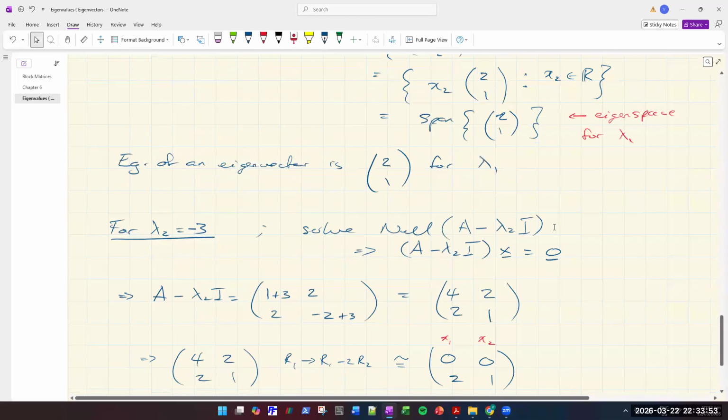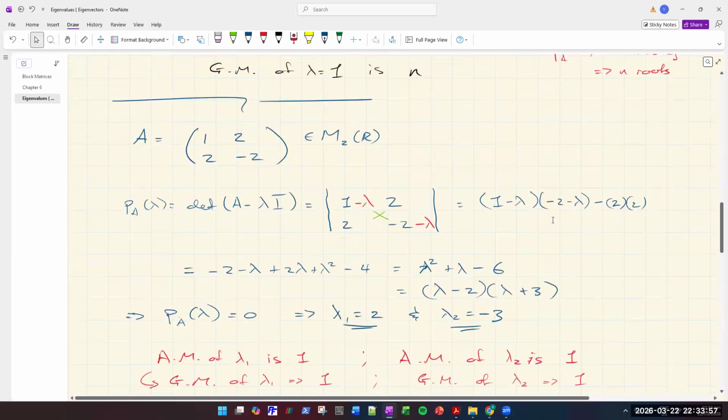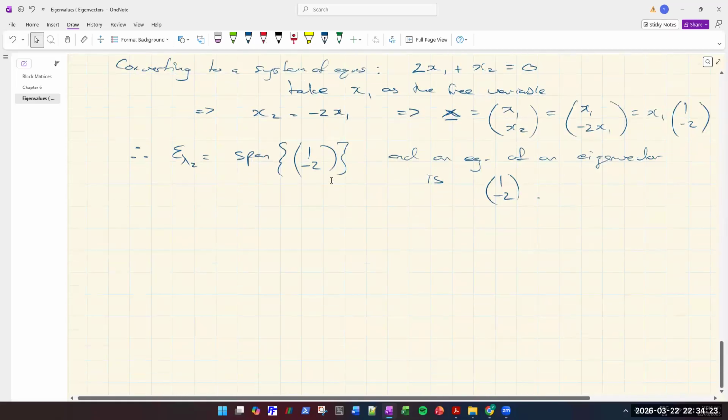Right, so this was an example to figure out, given a matrix, how to get an eigenvalue, the corresponding eigenspace, the eigenvectors, one example of eigenvector for it. Okay, so let's look at one more example with a 3 by 3 matrix.